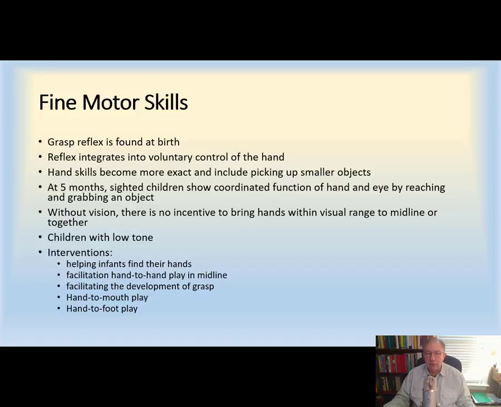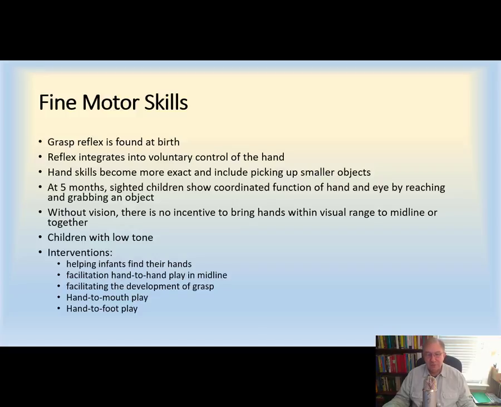Somewhere between 1 and 4 months, that reflex integrates into more of a voluntary control of the hand. And within the next 2 years, hand skills become much more precise, and they include picking up smaller objects and using specific finger motions. For example, they can poke their brothers and sisters with one finger.